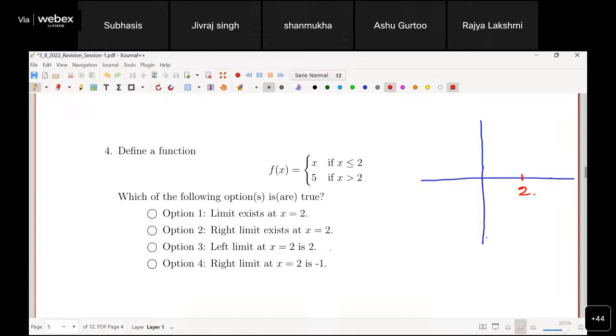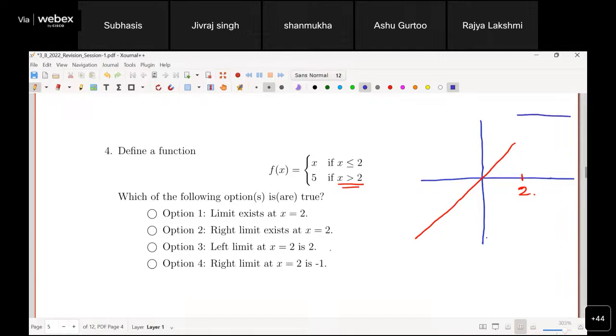It will be a 45-degree line till 2, a straight line passing through 0, 0. Correct. And in the part where x is greater than 2, the value of the function is 5, constant. This will be parallel to the x axis, and the slope will be 0.